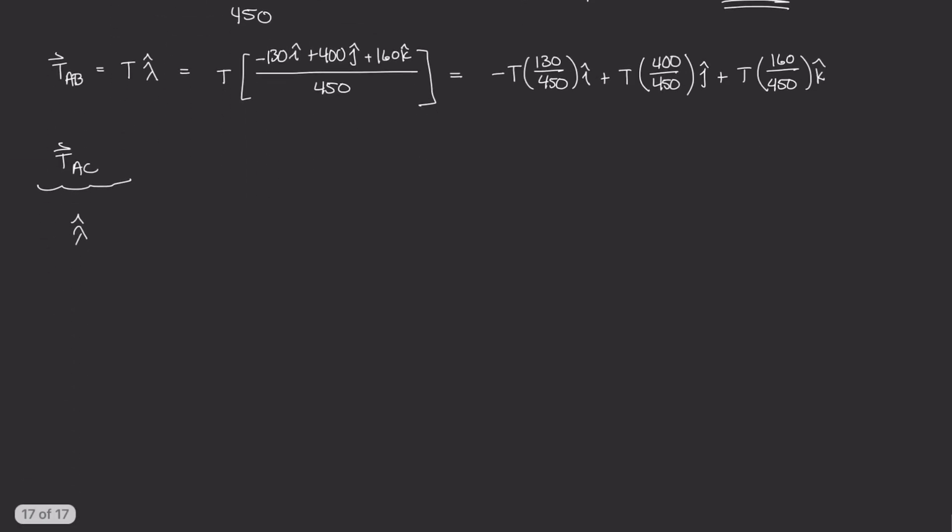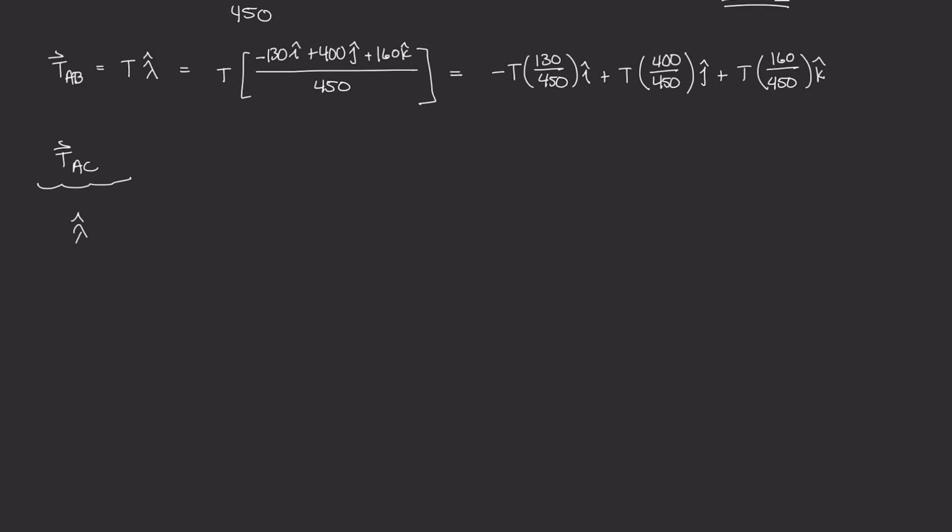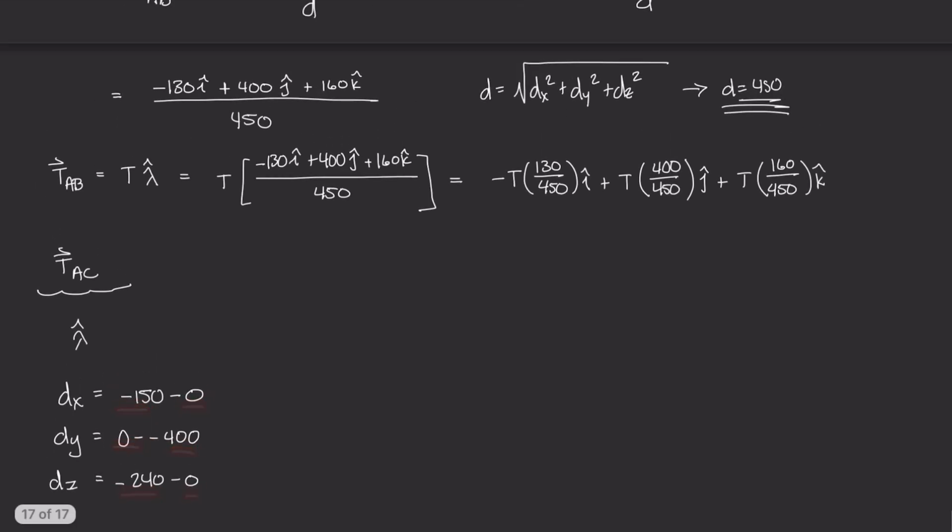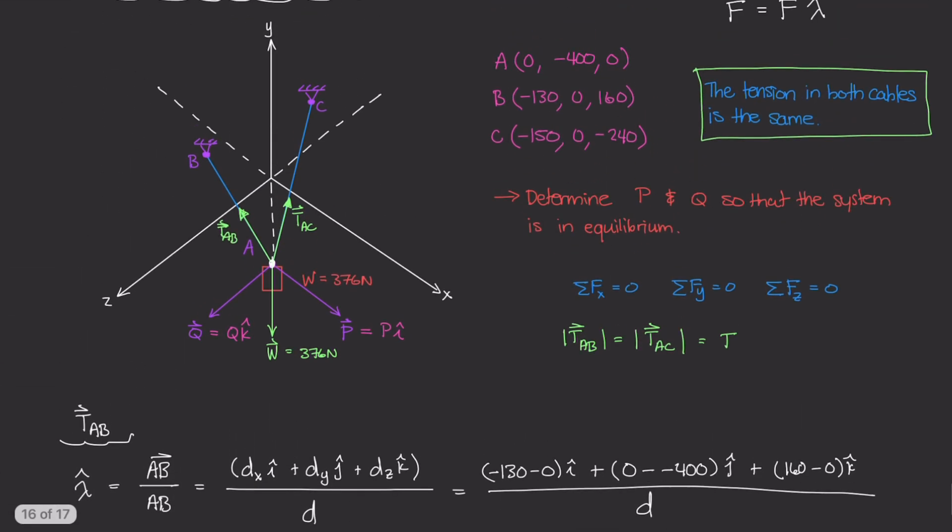Okay, so if I scroll back down here, I could say that dx has a value of negative 150 minus 0. dy has a value of 0 minus negative 400. And dz has a value of negative 240 minus 0. And again, I'm just getting these values from our original problem statement right here.